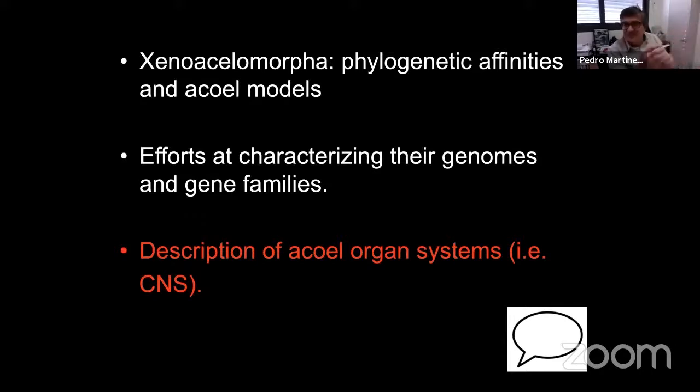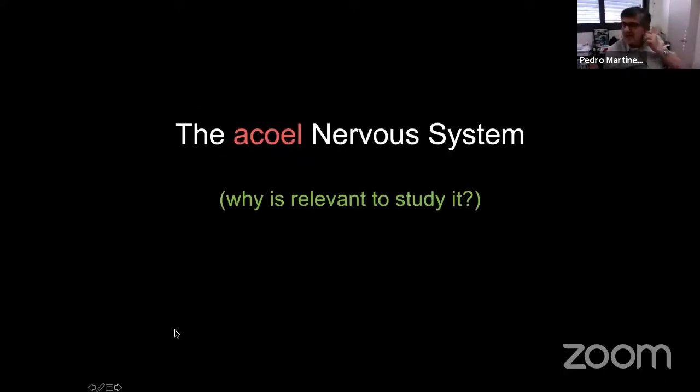Then of course, if you really want to understand how the morphologies of those animals inform you on the structure or architecture of an old bilaterian, what you have to do is describe the organ systems in good detail. This has been done over the last few years using conventional and more sophisticated methods.